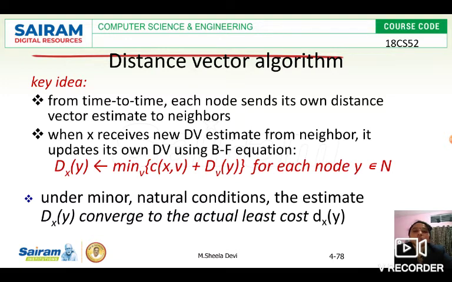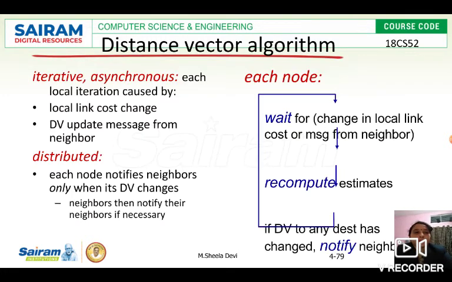So to reach from x to y, if anybody can find an intermediate node which can route packets from the source x to y with the minimum path, then that will be considered the shortest path. So v is nothing but an intermediate node. It can be any intermediate node. If the minimum cost path is found, the routing table will be updated. Otherwise it will not be updated. It will maintain the same value.